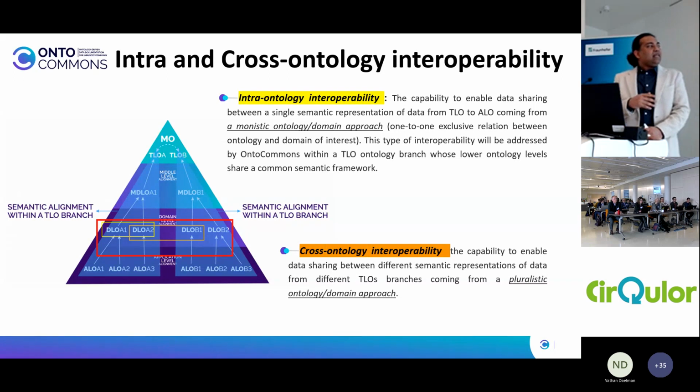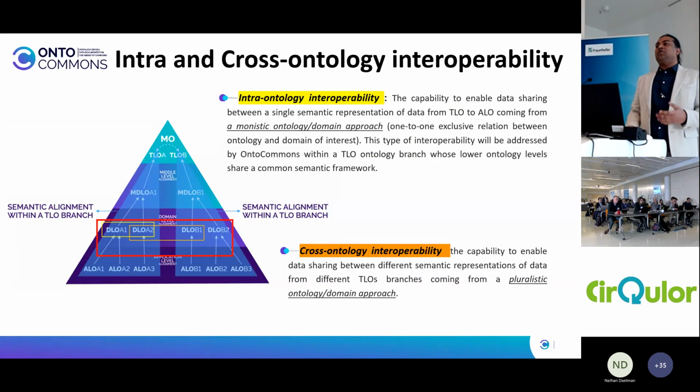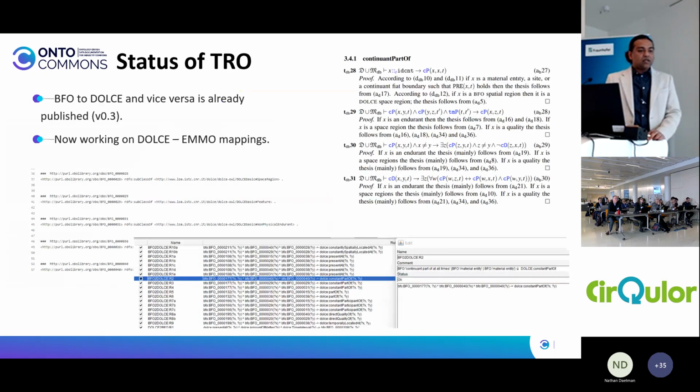But if we have this alignment between the top-level ontologies, then you can also achieve cross-domain interoperability. So you can go from one domain to another, which are probably extremely distant. And this is also true for the scope of this project, where the materials and manufacturing concepts are extremely diverse and sometimes very different.